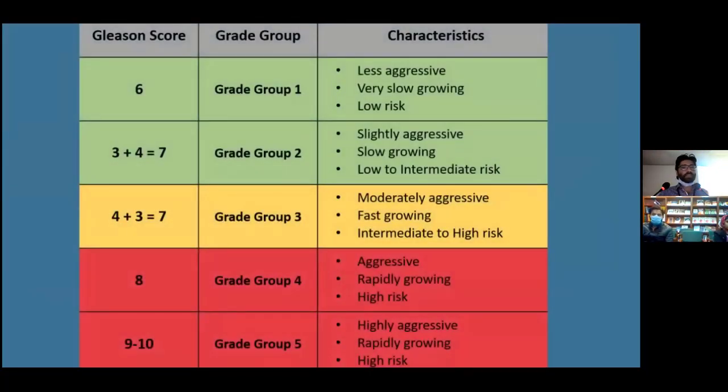So Gleason score 6 is Gleason grade 1, and it's less aggressive, slow-growing, low risk. Gleason score 7, 3 plus 4 is group 2, slightly aggressive, slow-growing, and low to intermediate risk. The Gleason score 7, that is 4 plus 3, the primary pattern is 4, and the secondary pattern being 3, is grade 3, moderately aggressive, fast-growing, intermediate to high risk.